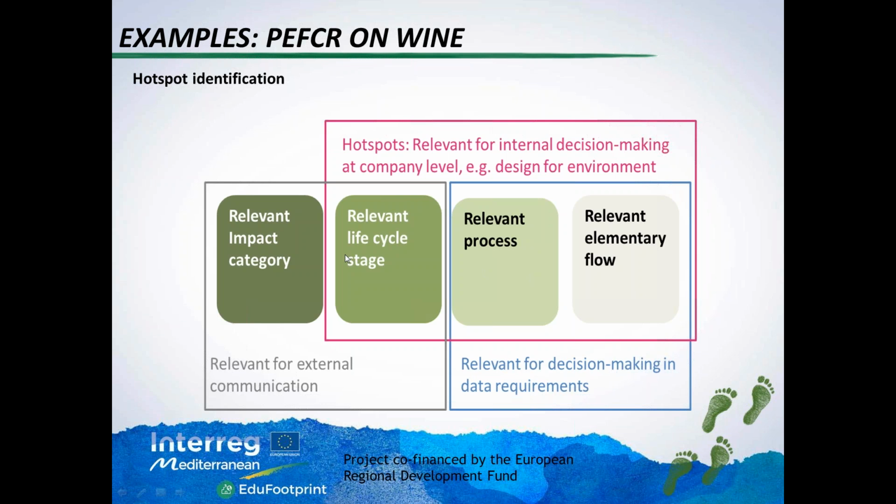Then if you value all these three kinds of categories, you have the hotspots, and the hotspots are relevant for internal decision making at company level. For example, design for environment. So depending on which one you choose, you can identify the information for external communication, for decision making in data requirements, or for internal decision making.